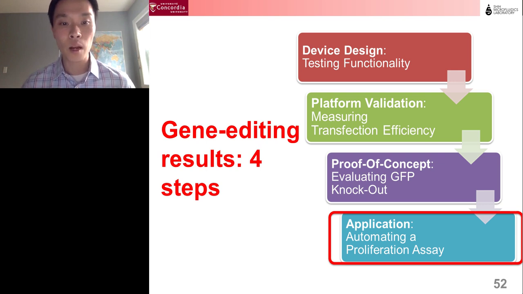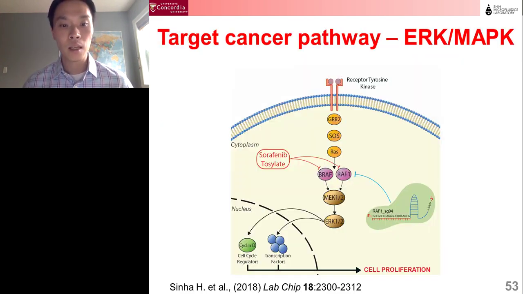So then we went on to perform a microfluidic automation proliferation assay. What we did is that we wanted to evaluate the potential of using our platform for gene editing. So we explored this relationship between gene function and cell phenotype by studying a cellular pathway.